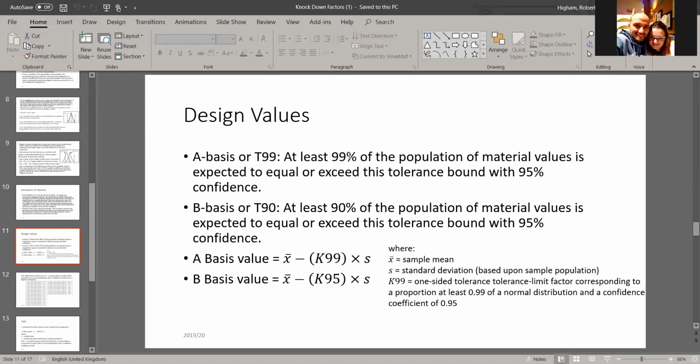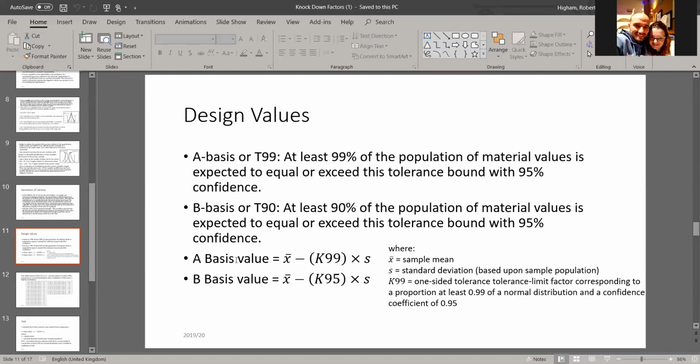So 99% of the population, 95% confidence, or a B-basis value is 90% of the population and 95%. So if we want to give ourselves as much of a guarantee as possible that our data is within 99% of the population and 95% confidence meets that minimum value, this is the calculation we will follow.